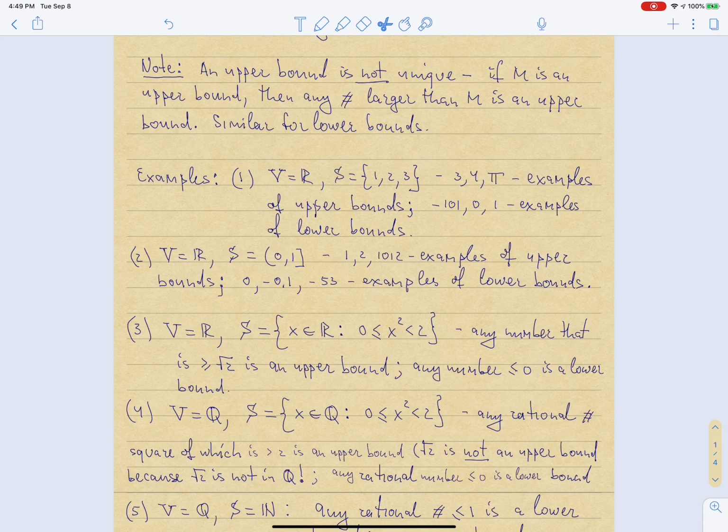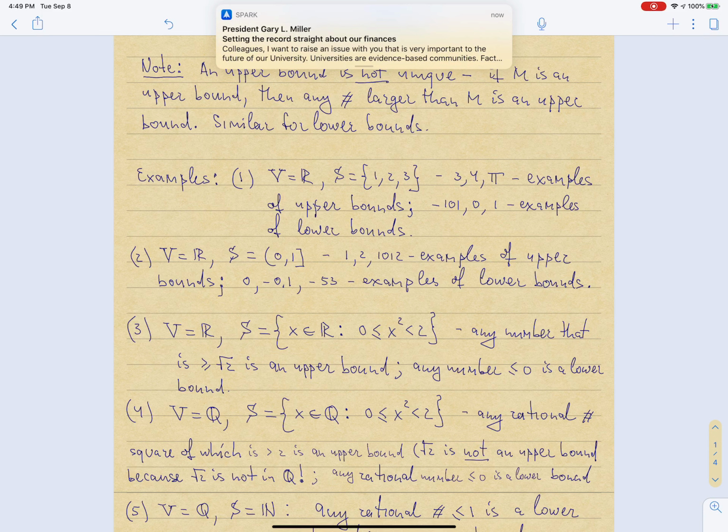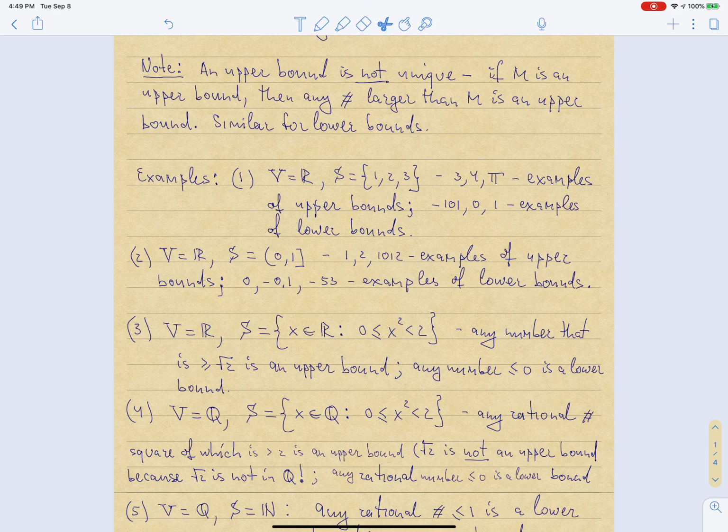But notice that square root of 2 now is not an upper bound anymore, because square root of 2 is not a rational number, as we proved, so it cannot be an upper bound in Q, because square root of 2 does not belong to the set of all rational numbers.